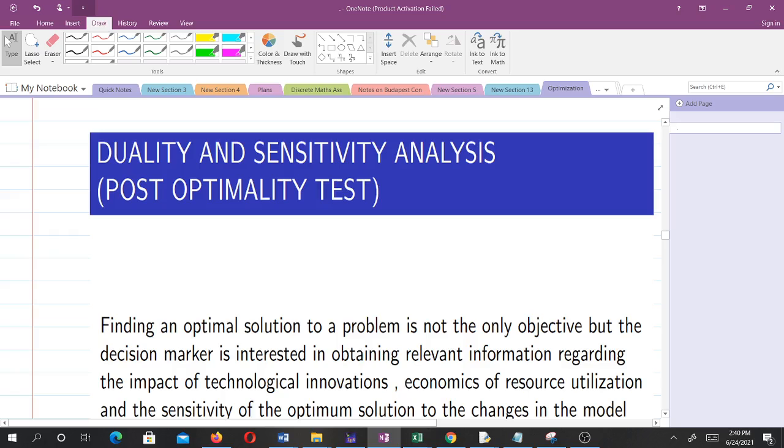We also try to find out the relationship between the primal problem and the dual problem. And also, if you have the final simplex tableau for a primal problem, how will you get the solution for the dual?